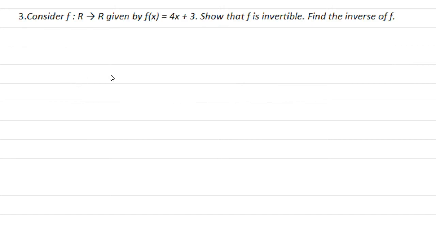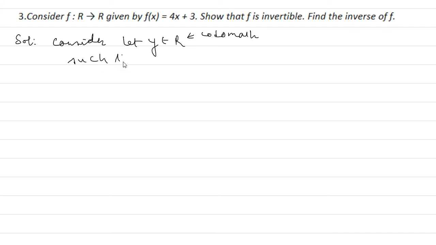Let us solve one more question. The question is, consider f is a function from R to R given by f(x) equal to 4x plus 3. Show that f is invertible. Find the inverse of f. Consider an arbitrary element y belonging to R, this R is the codomain, such that y is equal to 4x plus 3 for some x belonging to the domain.